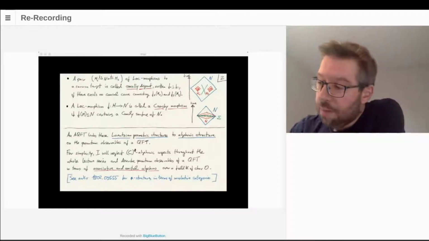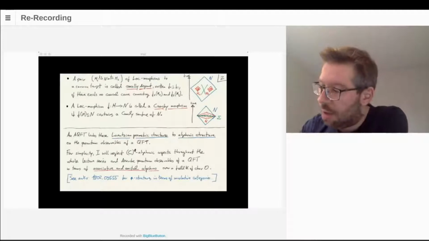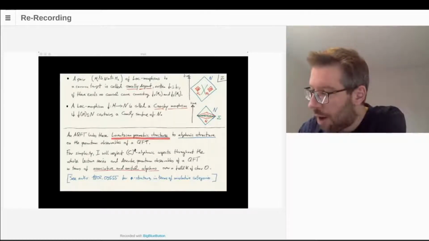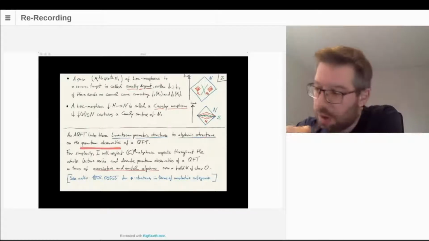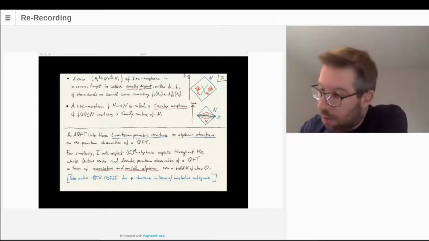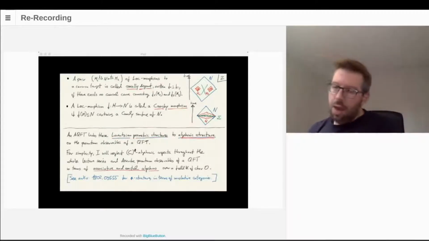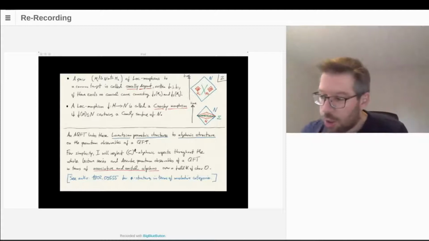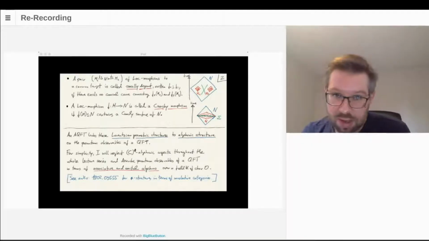Now AQFT is a gadget which links these Lorentzian geometric structures to algebraic structures on the side of the quantum observables of a quantum field theory. So an AQFT is a machine linking Lorentzian geometry to algebraic structure. Now, traditionally, people consider C-star algebras to model quantum observables in a quantum field theory.